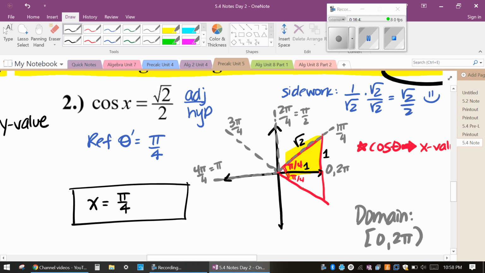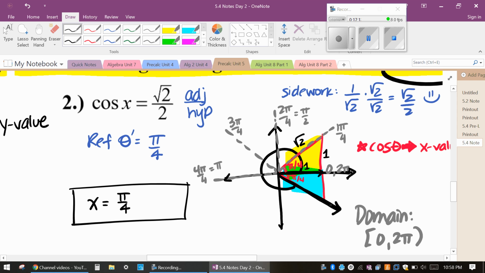But this angle down here is also a solution. This guy right here, okay? Now that angle started from 0 and it went around to here. We cannot go from 0 and go down pi over 4 because the domain includes only positive values. So I'm allowed to go around the circle until the full rotation.